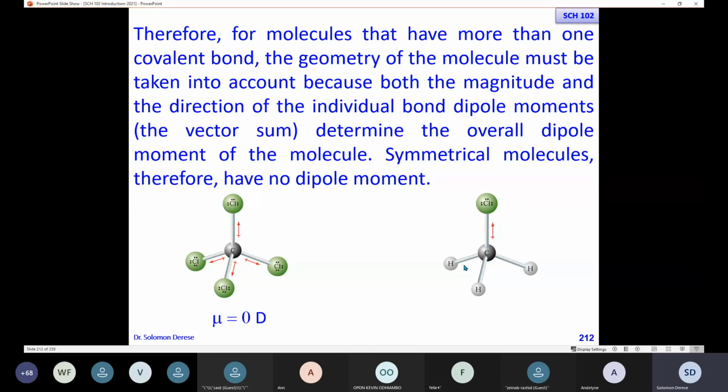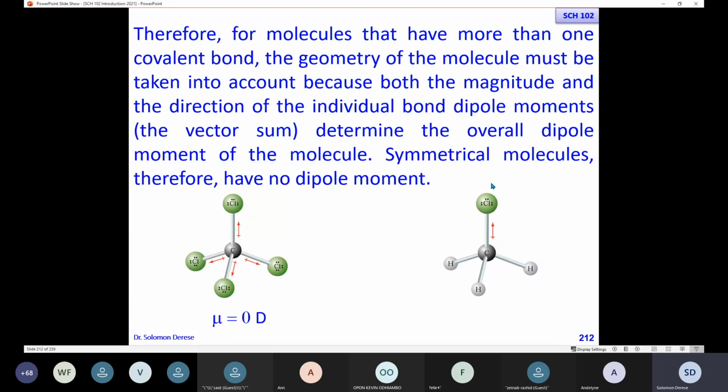How about the hydrogen-carbon bonds? Hydrogen is a bit less electronegative than carbon, so the bond moment will be from the hydrogen to the carbon, from the hydrogen to the carbon, from the hydrogen to the carbon. As you can see, the chlorine is pulling it that way and these hydrogens are pushing it that way. They are reinforcing each other.